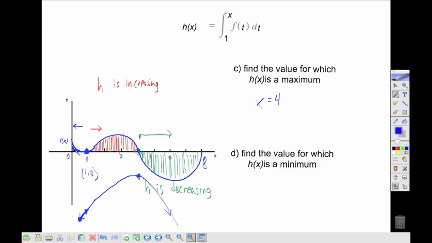Well, we need to think about this in terms of area. If we look at this area here, we went up just a little bit. This is a very small area. So if we look at this area here, this red area where it's going up, and we compare it to how much it went down, this area where it went down is a lot more than the amount that it went up.